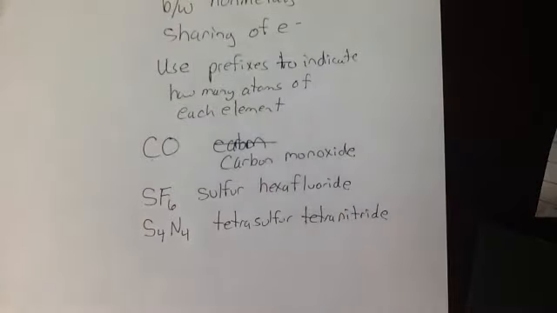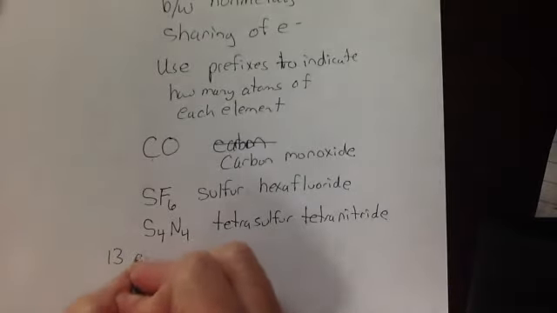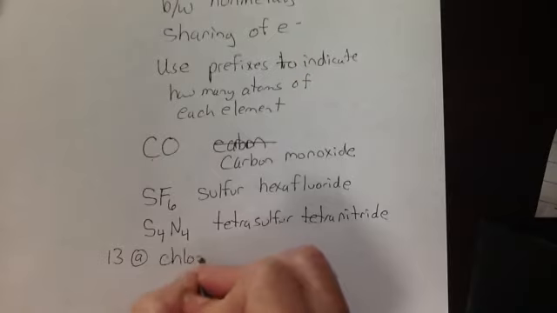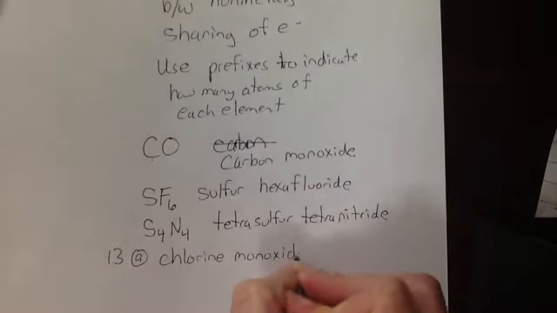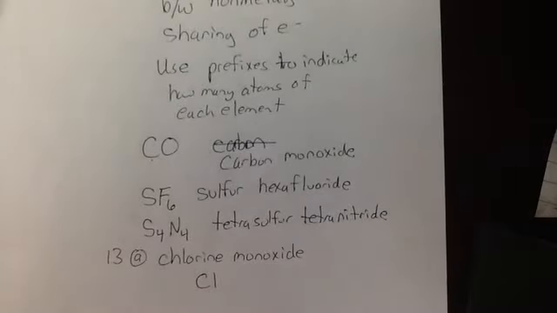Okay. Whenever you see the name of a compound, go to a few examples. Say you have chlorine monoxide. The prefix tells you how many. So you have chlorine, you have no prefix, so that means there's one.